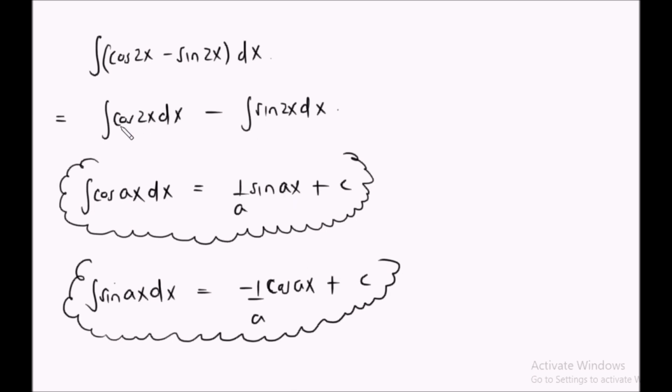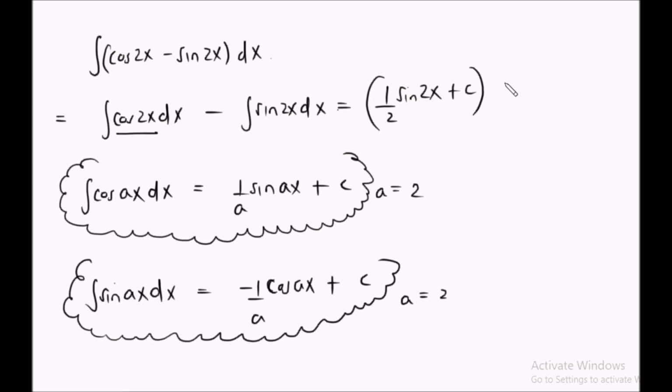So now in our case here, unaona hapa ni cos 2x, maanake a ni 2, na hapa ni sin 2x, pia hapa ni 2. So hii sasa itakuwa sawasawa na, maana nikiintegrate huyu nitapata 1 over a, ambayo ni 2, sin 2x plus c.